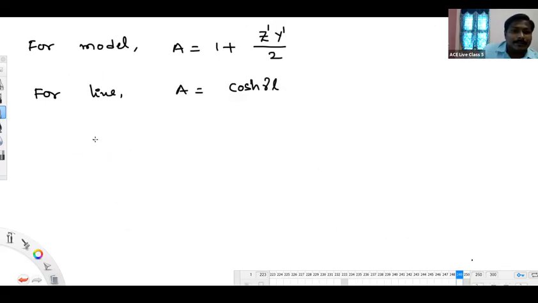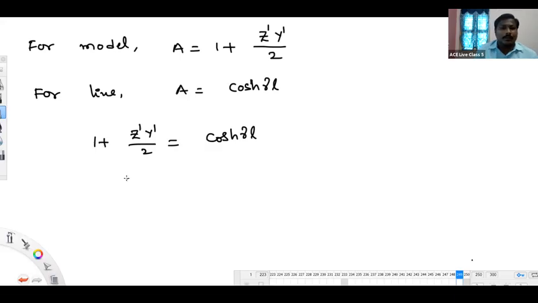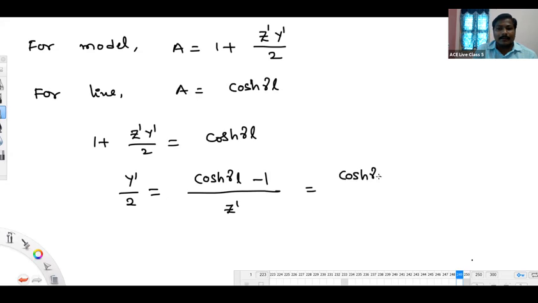We should match means 1 plus Z dash Y dash by 2 equals cosh gamma L, I can write. And Y dash by 2, if you write from this, you get cosh gamma L minus 1 by Z dash. What is that Z dash?